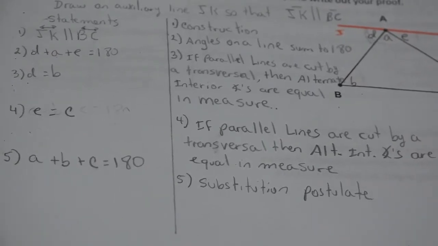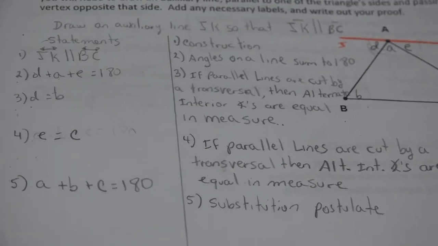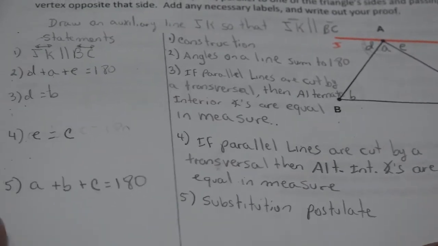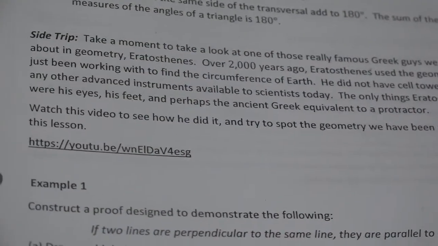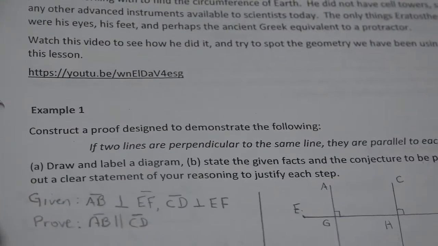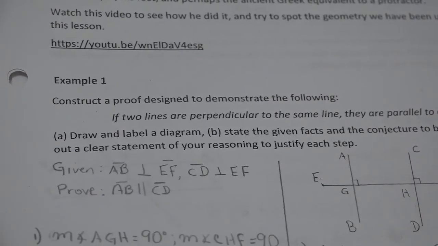I can substitute DE with BC. And that's why the angles in a triangle sum to 180. All right, so you got your proof right there. And now let's move on because you just pause it and copy. Okay. Let us go on to another one of the proof.